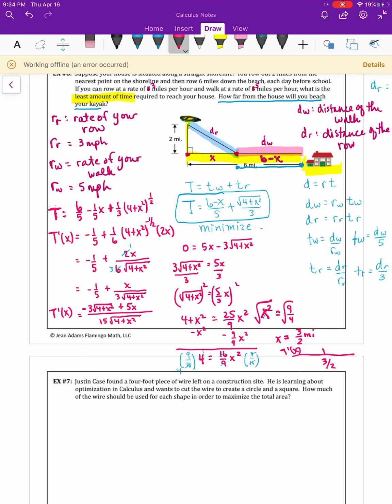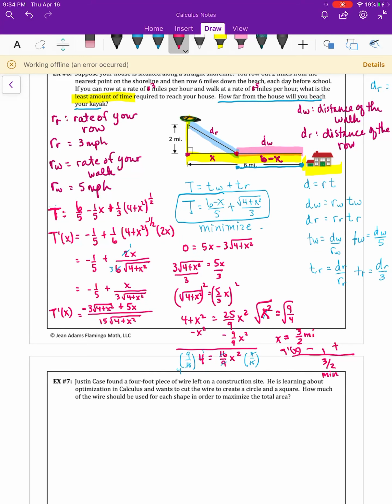So let's go back. I mean, we probably should make sure that's a minimum, right? So if I put 3/2 here and I look at what my t prime of x is doing, if I put a 1 in for x, I'm going to get negative 3 times the square root of 5 plus 5.